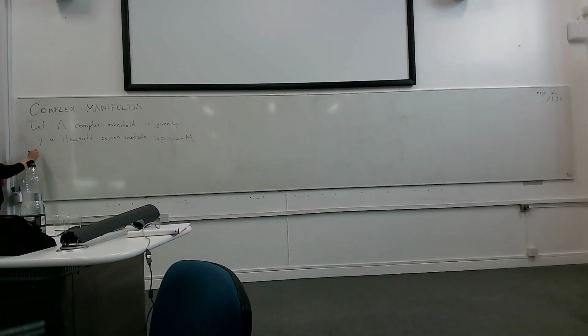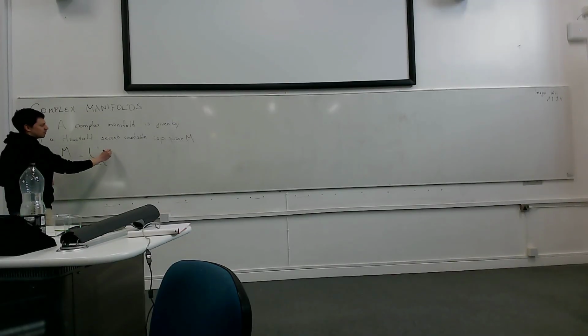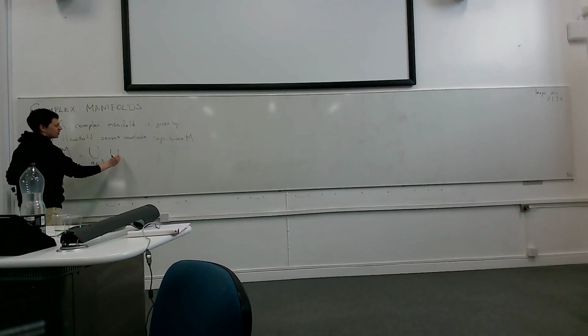So that's the first part. Then we need an open cover of this topological space. So M is a union of open sets. Alpha is my index, lambda my index set. So it's a union of open sets U alpha.